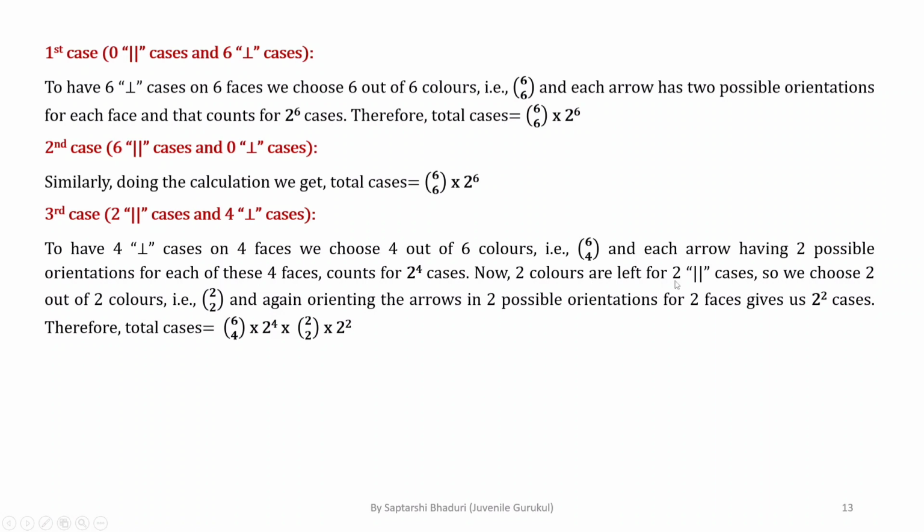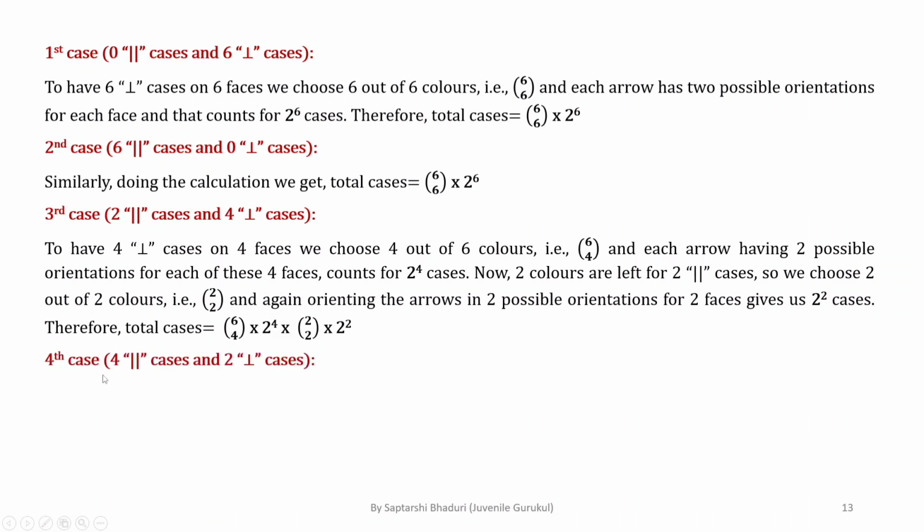Now 2 colors are left, that is 2 parallel cases, so we choose 2 out of 2 colors, that is 2 choose 2, and again orienting the arrows in 2 possible orientations for 2 faces gives us 2 to the power 2 cases. Therefore, total number of cases equals 6 choose 4 times 2 to the power 4 times 2 choose 2 times 2 to the power 2. These are all multiplied as all of them are AND cases.